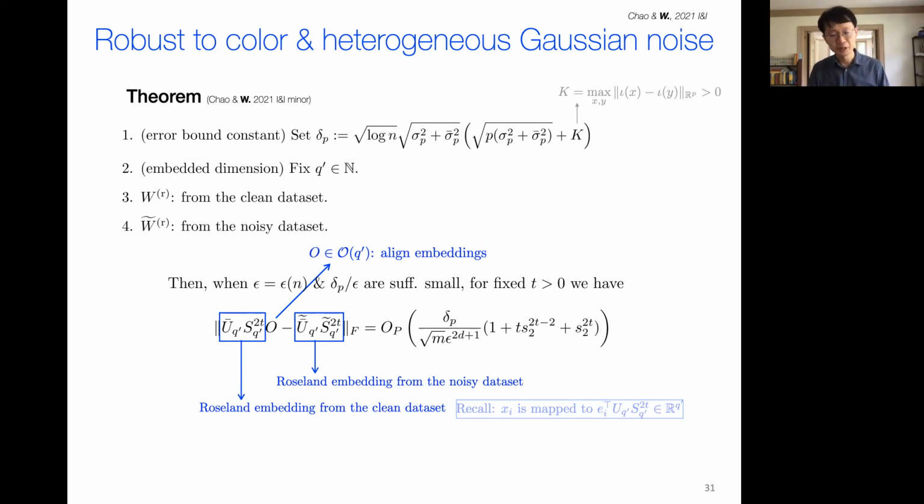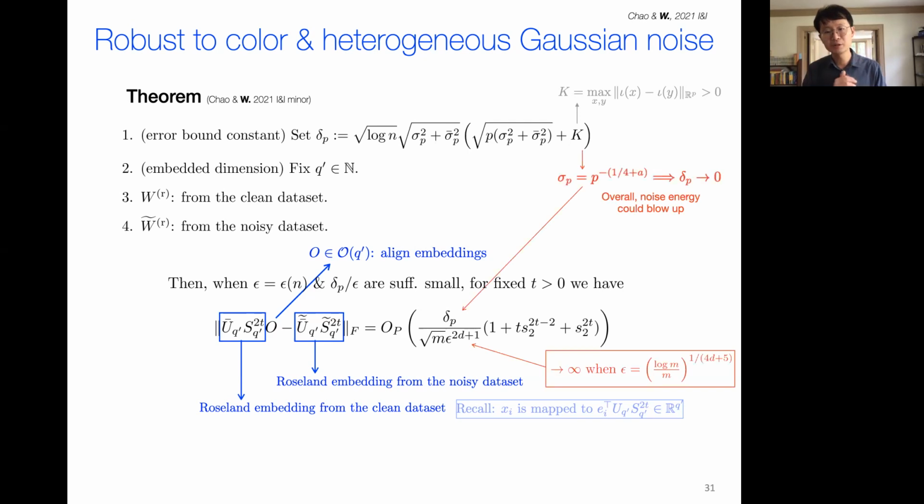Then what we can show is if you use Roseland embedding, then the embedding of the clean data and the embedding of the noisy data, they are somehow related closely, which can be quantified using the Frobenius norm of the embedding after proper alignment, and the error is controlled by delta p divided by square root of m times n epsilon to d plus 1.